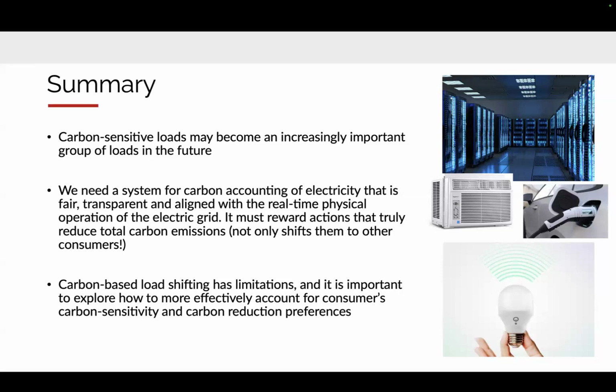And in particular, it has to reward actions that truly reduce total carbon emissions and not only shift emissions to other loads. As I've also tried to explain here, carbon-based load shifting has limitations. And therefore, I think it's also important that we explore other, maybe more productive ways for consumers to express their carbon preferences within electricity markets. Okay, so I'll end there.